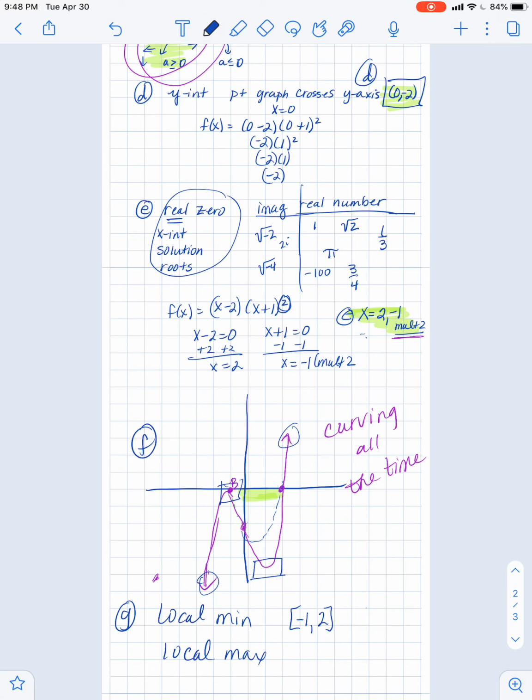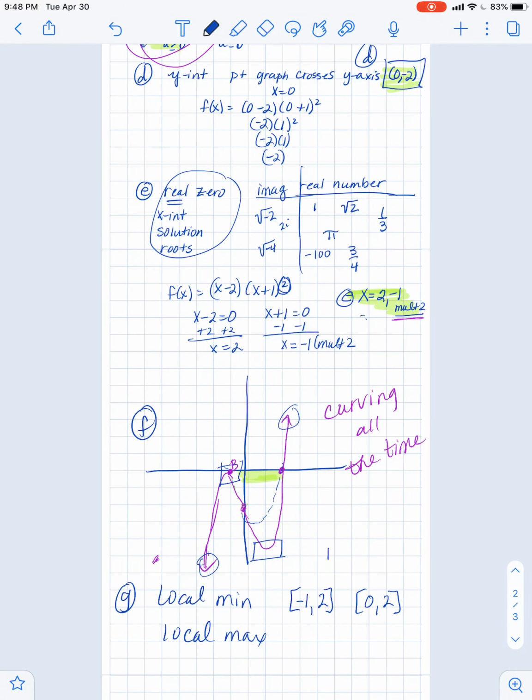I accepted that. But really, it should have been from 0 to 2. Okay, now this is the interval because I don't know an exact answer. Okay, so we do an interval when we don't know exact.